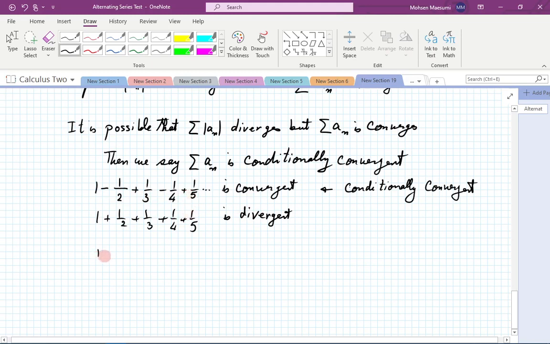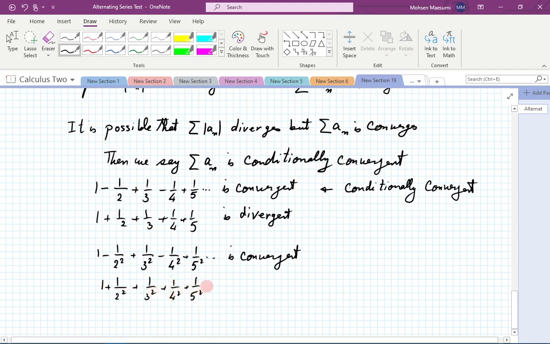So for example, if I have 1 minus 1/2 squared plus 1/3 squared minus 1/4 squared plus 1/5 squared and so on, this one obviously satisfies our alternating series test. This is convergent. And at the same time, if you force everybody to be positive, 1 plus 1/2 squared plus 1/3 squared plus 1/4 squared plus 1/5 squared and so on, this one is also convergent.